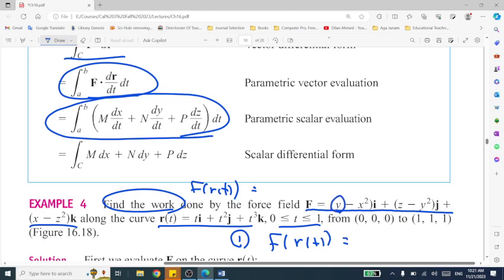Where is y? y is t square. x is t. z is t cube.